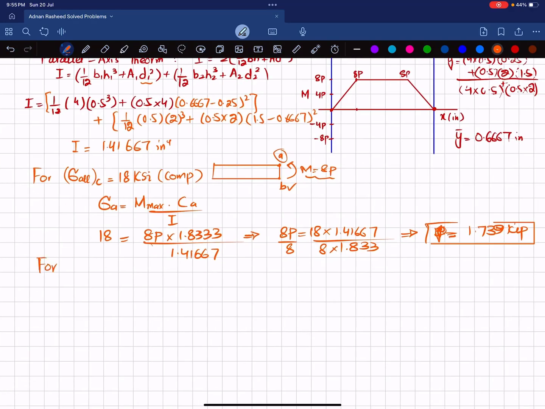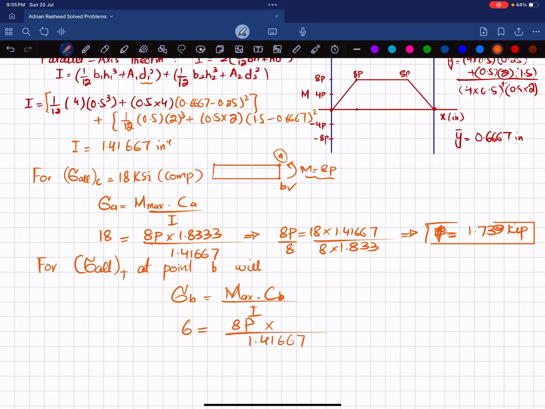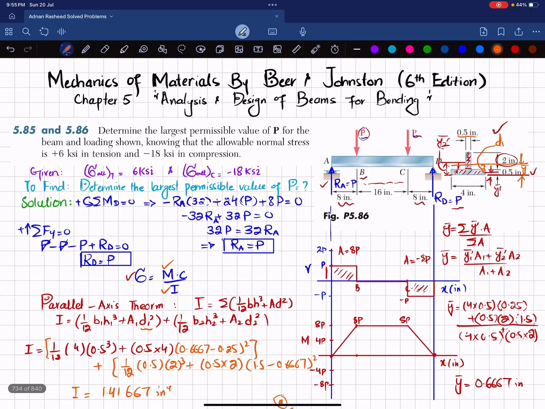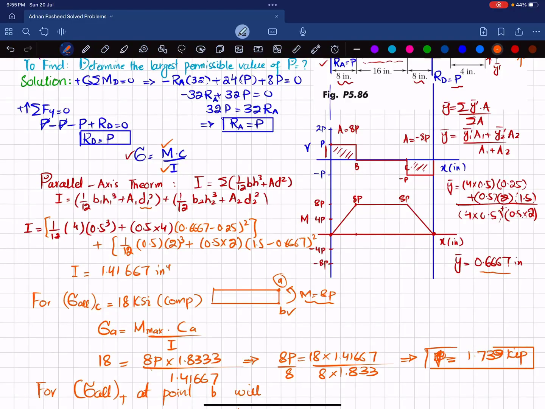Similarly, for the allowable bending stress in tension, at point B this will be in tension. So sigma B is equal to the maximum bending moment times CB divided by I. The maximum bending stress is 6 ksi in tension, the bending moment is 8P, divided by 1.41667, which is the value of I, and CB is the distance from the neutral axis to the bottom, that is y bar, which we calculated as 0.6667.